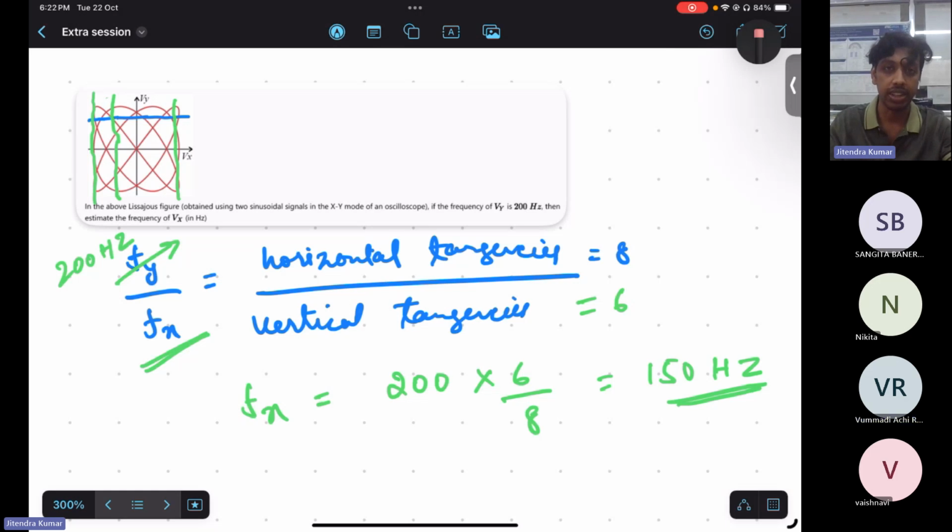That should not be correct, because from the definition of the Lissajous pattern, the maximum cut should be there in your tangencies. Okay, nice question.